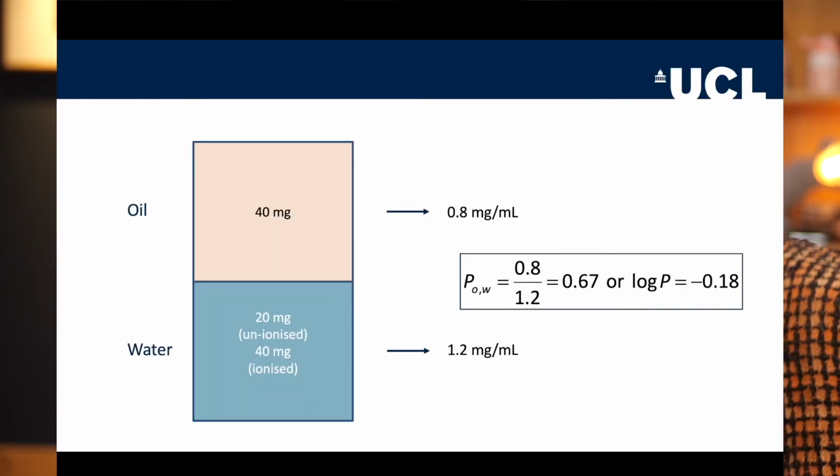When we measure the concentrations, say with UV spectroscopy, we cannot distinguish between ionized and unionized solute. So we will calculate the concentrations as 0.8 milligrams per mil in oil and 1.2 milligrams per mil in water. The ratio is now 0.67, not 2.